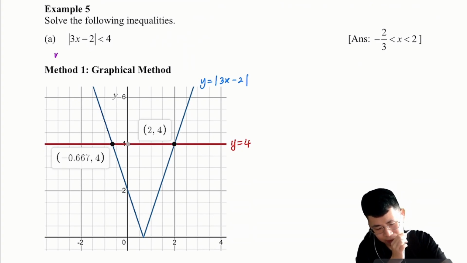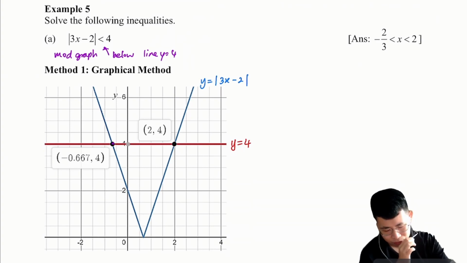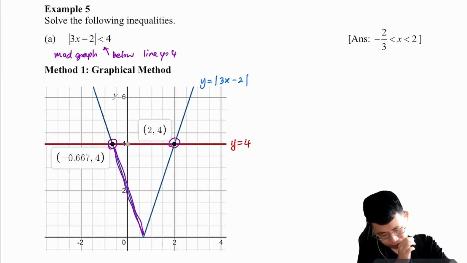So this translates to the region where the modulus graph is below the line y equals 4. So where is the modulus graph below? From this point to this point, oh wait, we cannot take these two points, so this must be an open circle over here.